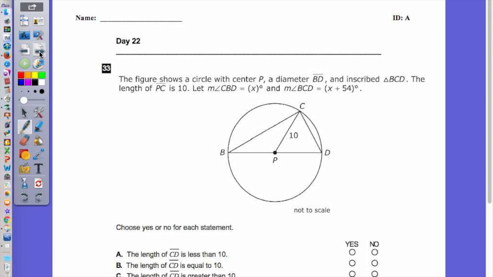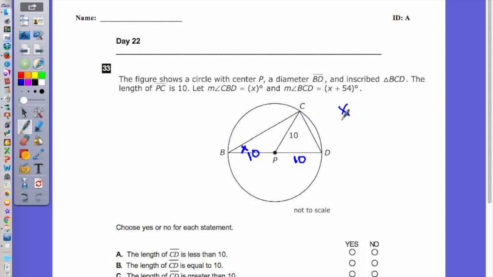Number 33. Again, we have kind of that same drawing there, right? Actually, that exact same drawing. This is 10. This is X. We just said BCD is X plus 54.